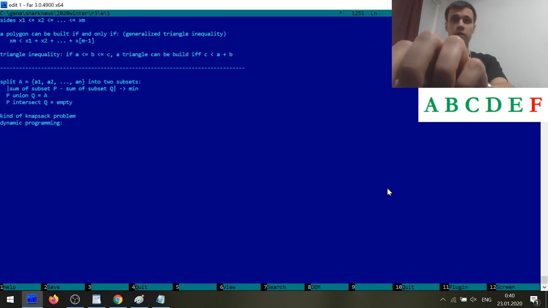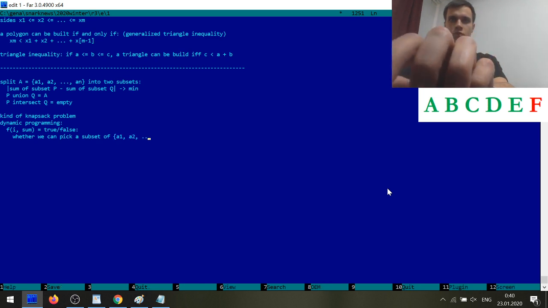So we'll have, let's say, a function f of i and sum, which is true or false depending on whether we can pick a subset of A1, A2, up to Ai, from the first i elements, with total equal to sum. Okay.